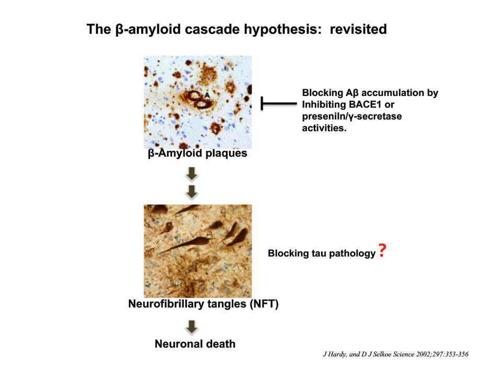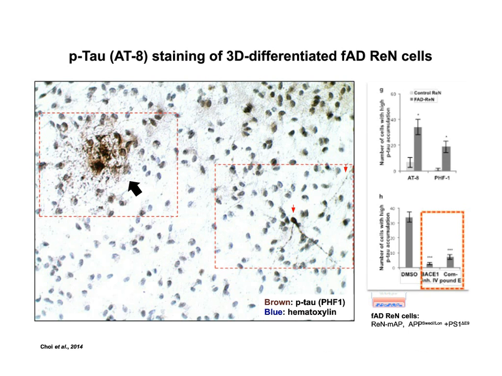But is it really true? So we want to test it out in our system. This is one of the pictures we already showed. What we did is we treated for 3 weeks with beta amyloid inhibitors, a beta secretase inhibitor and a gamma secretase inhibitor. And we see a robust decrease in these phospho-tau bearing neurons by blocking A-beta generation.